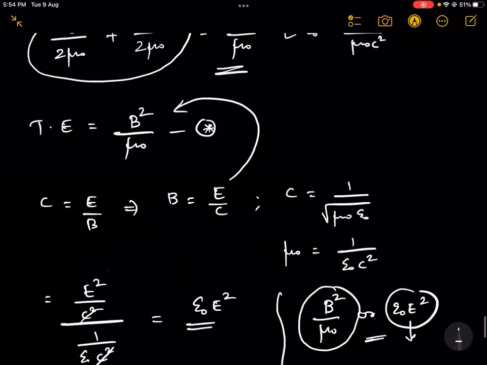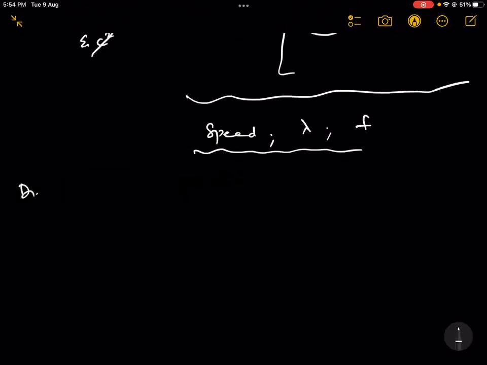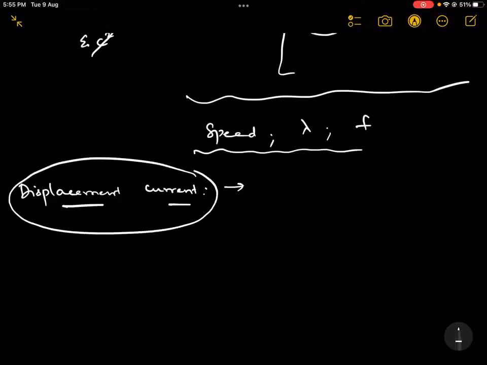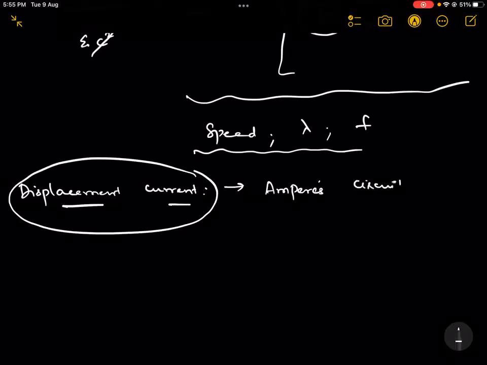Okay. We are almost done with this chapter, except one concept, that is called as displacement current. Okay. So before I explain the displacement current, one concept that you need to revise and come is have a clarity of Ampere's circuital law from electromagnetic induction chapter.